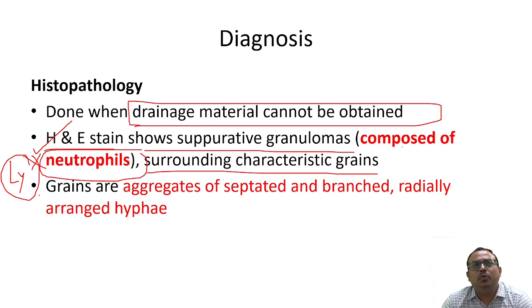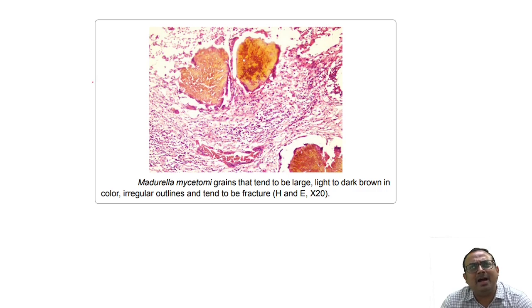You will be able to visualize grains, which are actually aggregates of the fungi or bacteria, the causative organism itself, arranged radially in the form of hyphae. So this you can see in a histopathological examination. This slide is showing the histopathological examination. Here you can see an HNE stain of the punch biopsy.